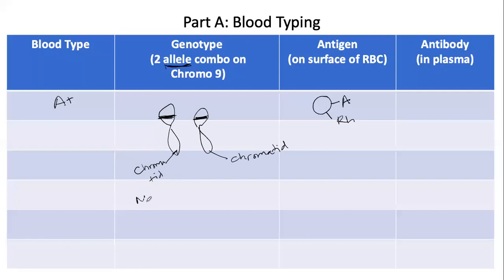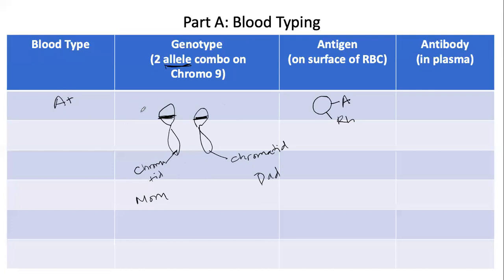So that came from my mom. And then where did I get this one? Good, it came from my dad. We talked about this a little bit in lecture. So this is chromosome pair 9. This is the gene that codes for whatever blood type I am.